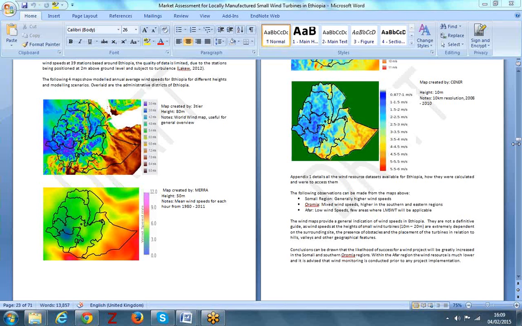Okay. Well, the idea at the conference was to get a market assessment methodology and have this published as a sort of open source toolkit if anyone wants to do a market assessment for small locally manufactured wind turbines, and then be able to offer that as a service or a consultancy through Wind Empowerment.